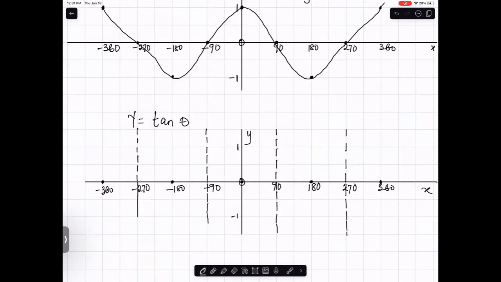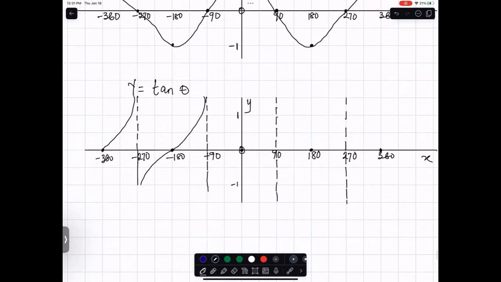So we are going to have our graph this way. And this is for the value of 360. I'm going to have something like this here. Then for 180, I will have a curve going this way and here. Then 90 degrees is already there.